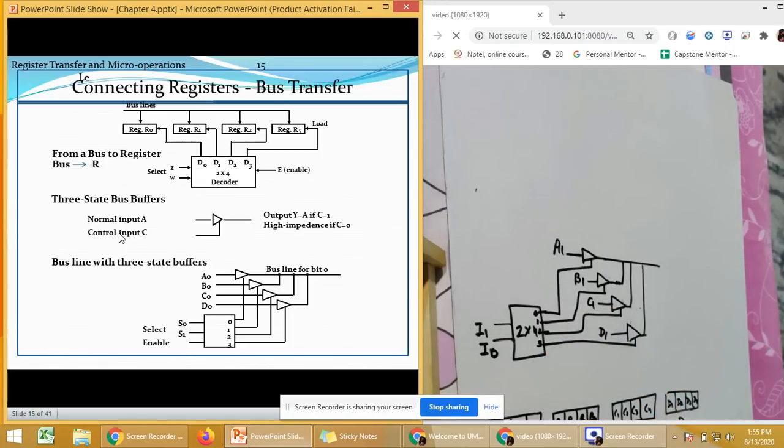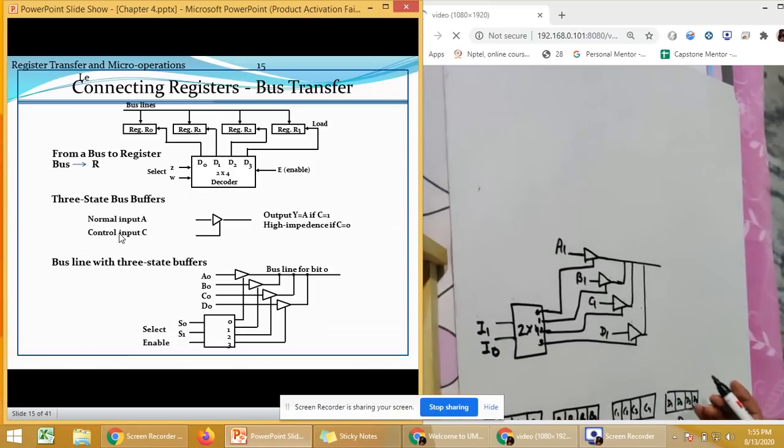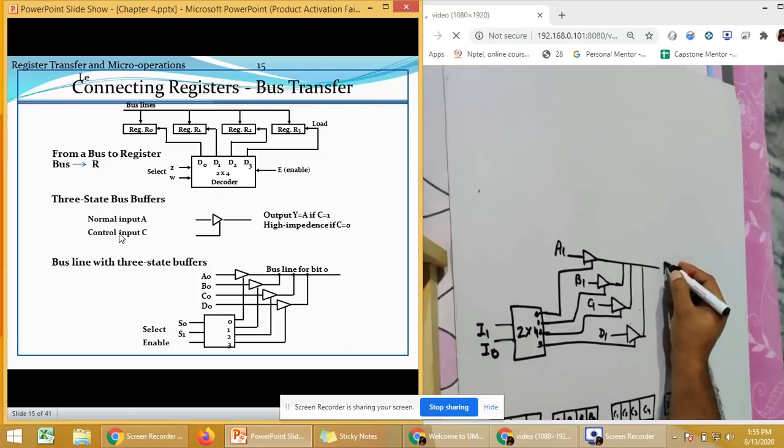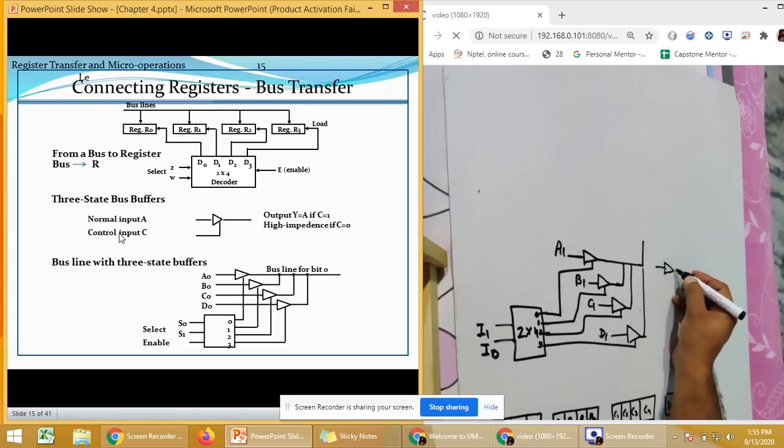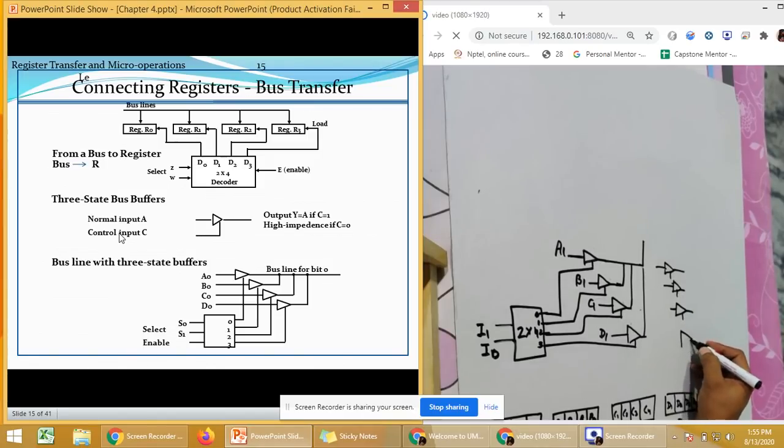Now if we want to do it for 4 bits, we simply need to put another layer of buffers, and we simply need to connect these.